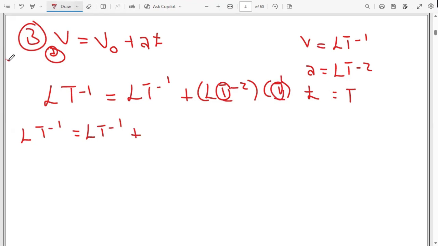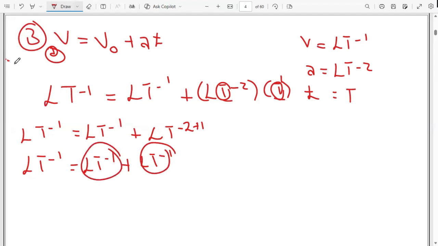From algebra, if we multiply the same bases with different powers, we add the powers. So we get T to the power minus 2 plus 1, which means we end up with LT to the power minus 1 equal to LT to the power minus 1 plus LT to the power minus 1, which gives LT to the power minus 1 being equal to 2 LT to the power minus 1.